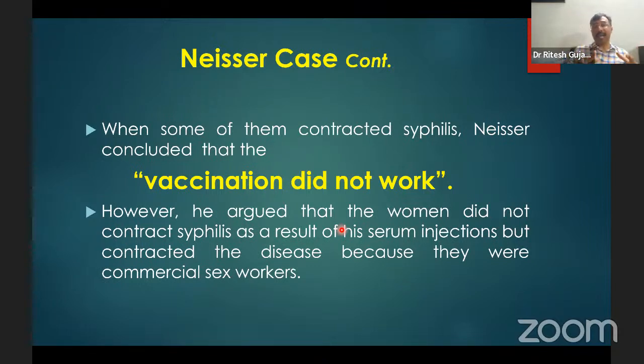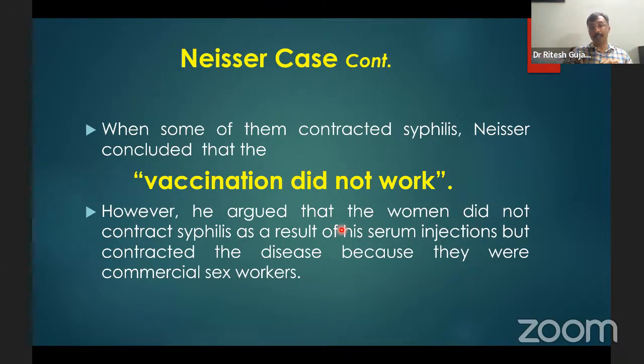Now, medical research actually doesn't work in that way. After instilling that serum in all those sex workers, most of them were afflicted with syphilis, and the conclusion was that the vaccination didn't work.